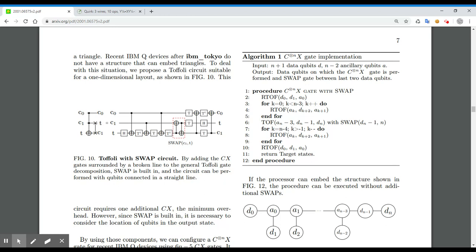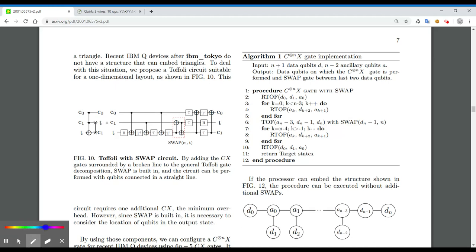Okay, so the point here is, let's say this is qubit 0, this is qubit 1, this is qubit 2. If I take a look at how these things are connected in here, basically, here you've got 0 to 1, here you've got 1 to 2. Here you've got again 0 to 1.